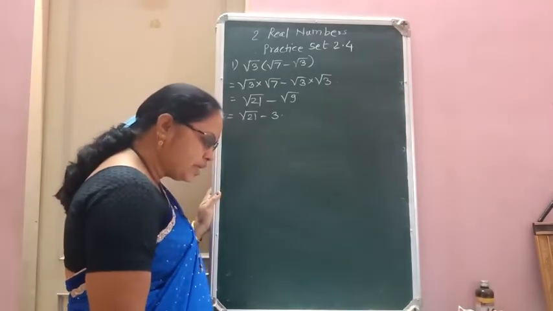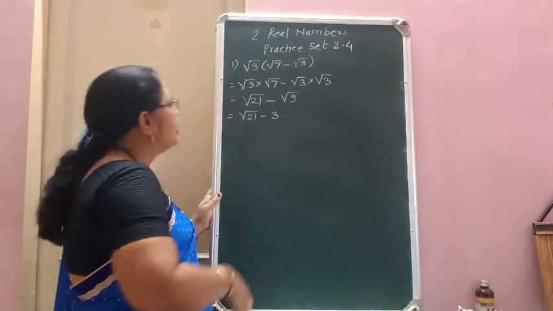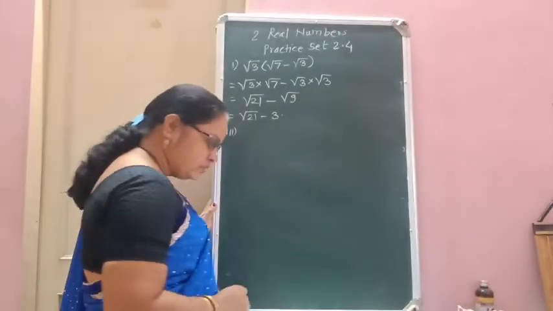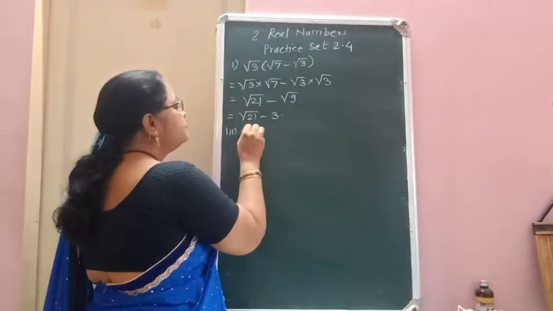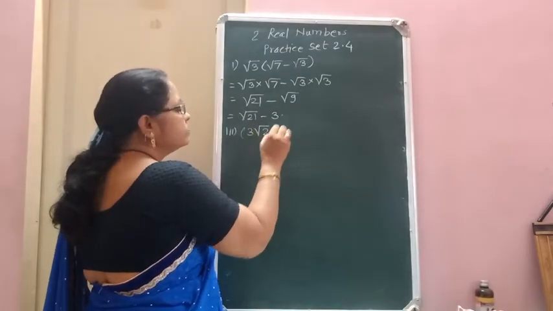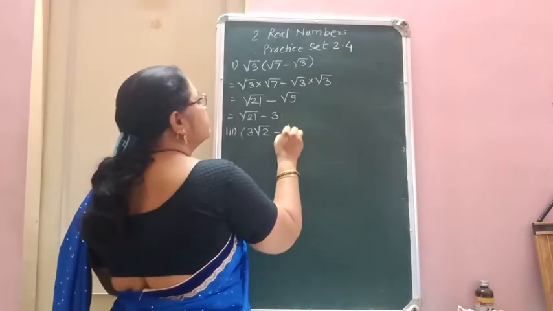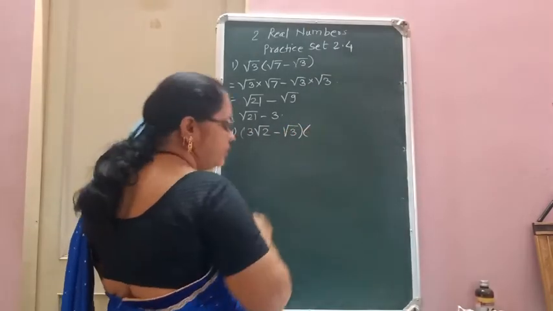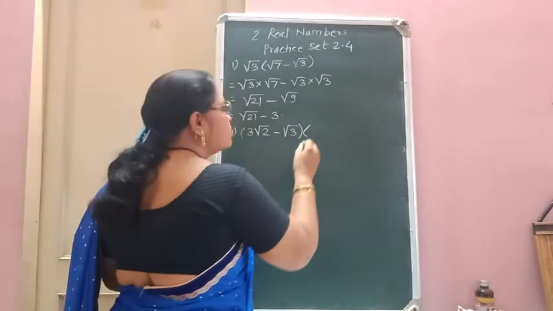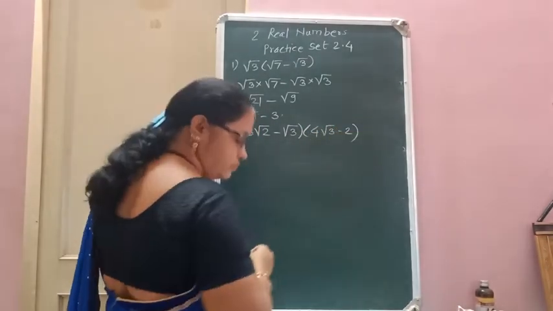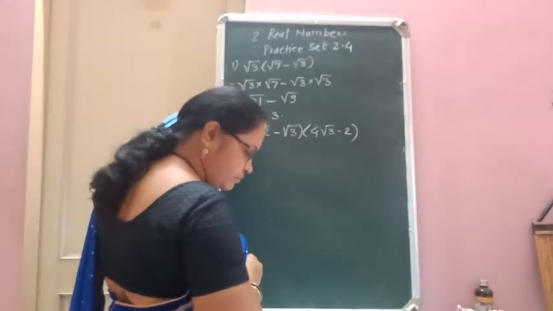The second is the same example. Third we will take. Third example, 3 root 2 minus root 3 into another bracket, 4 root 3 minus 2 root 2.